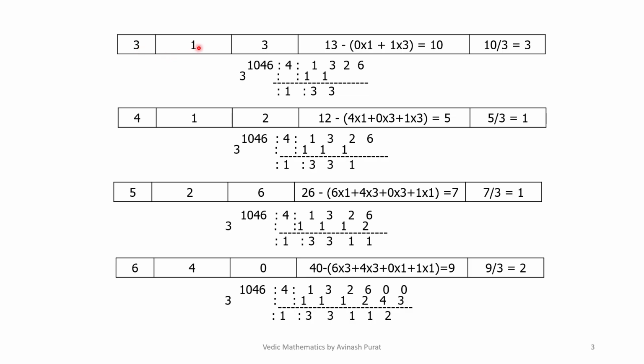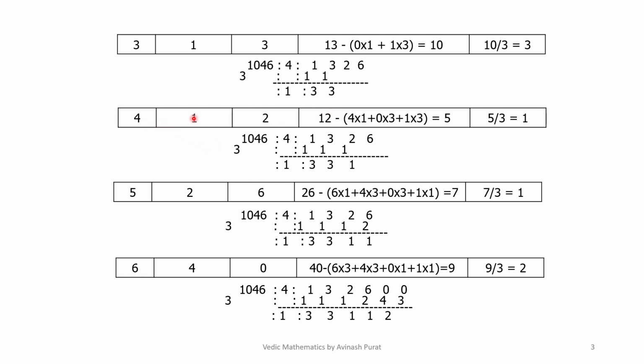Step 3. 1 is remainder, 3 is dividend digit, 13 minus 0 into 1 plus 1 into 3 equal to 10. 10 is the dividend. 10 divided by 3 is 3.